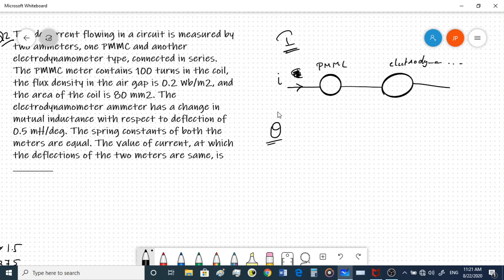Theta for both these meters will be the same for what particular I? That is the question.